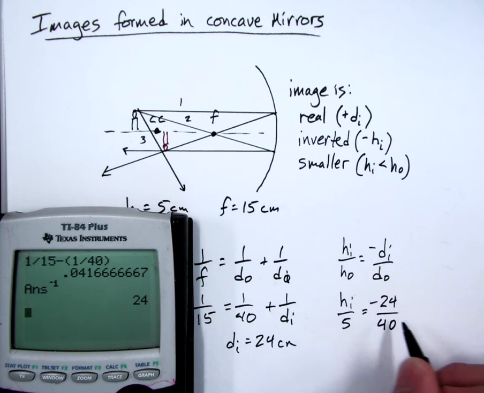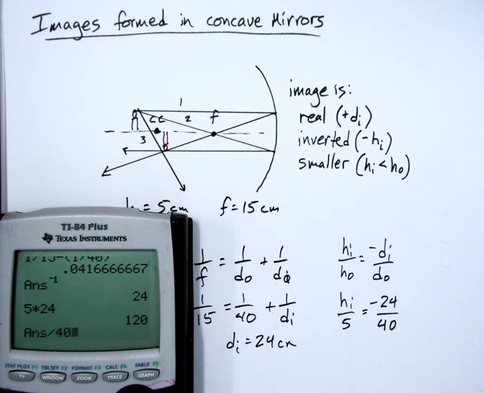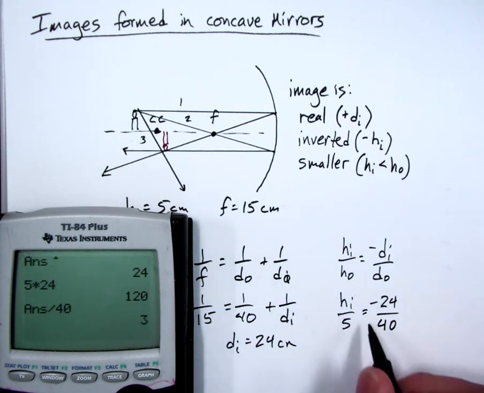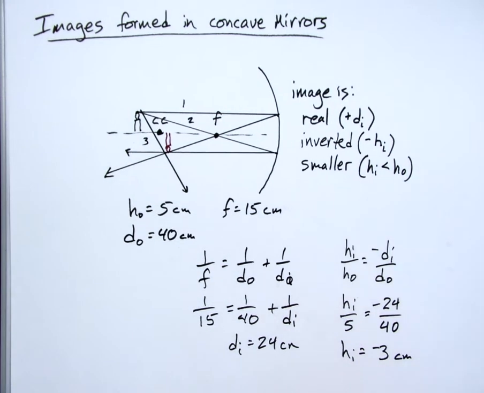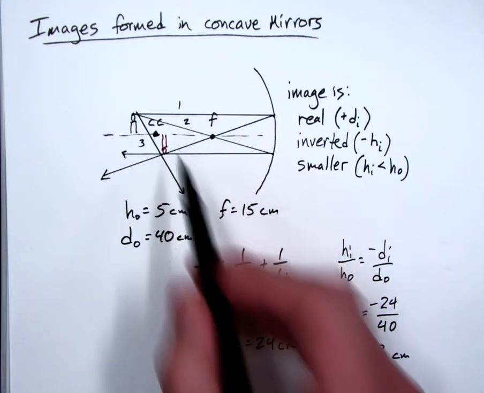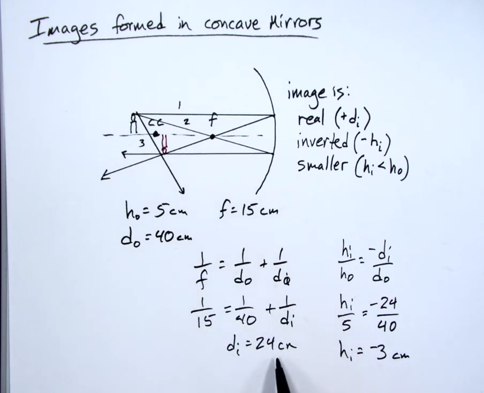And DO was 40. I'm now going to cross multiply, divide by 40, and because of the negative sign, HI will be negative 3 centimeters. Notice it is closer. Instead of 40, the image forms at 24, and it is smaller.